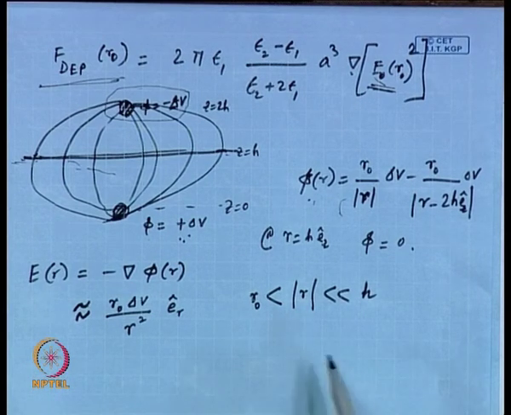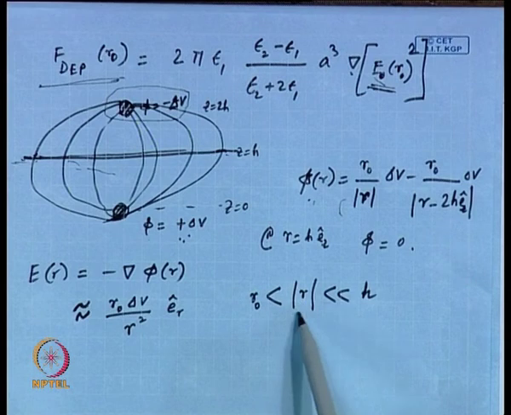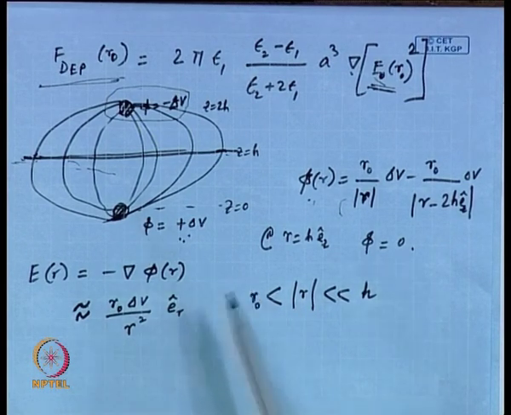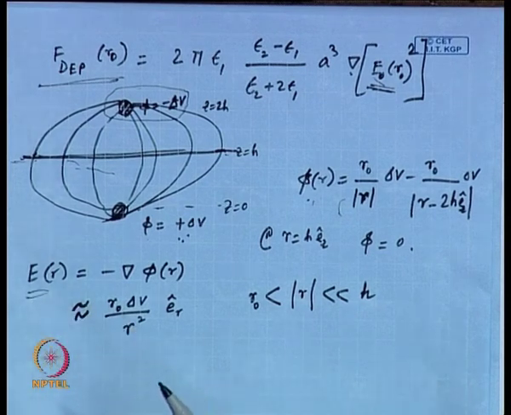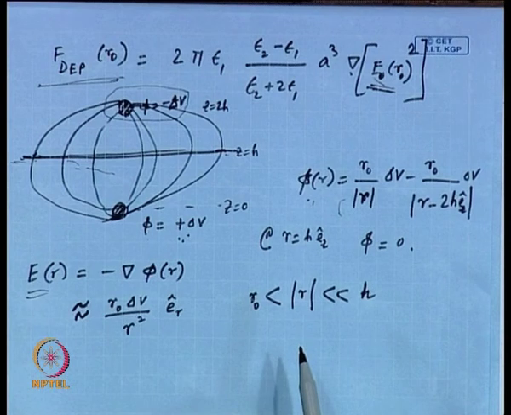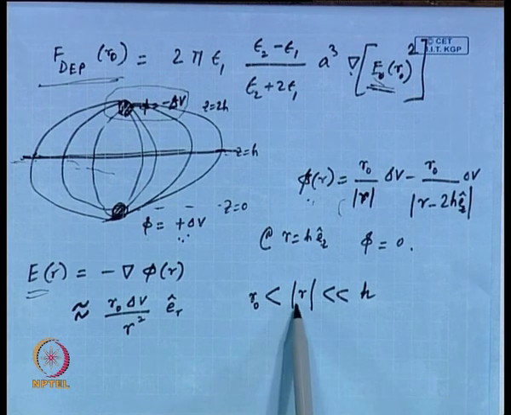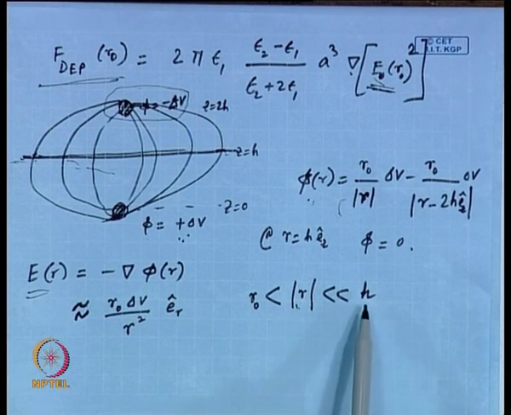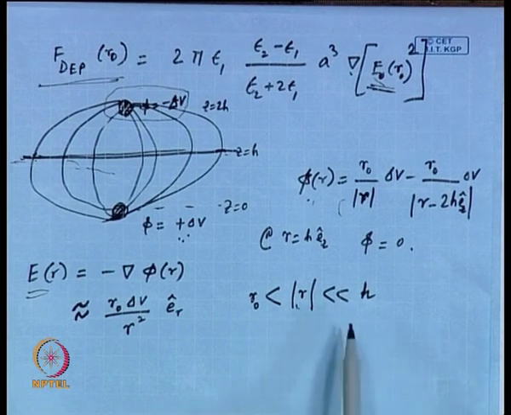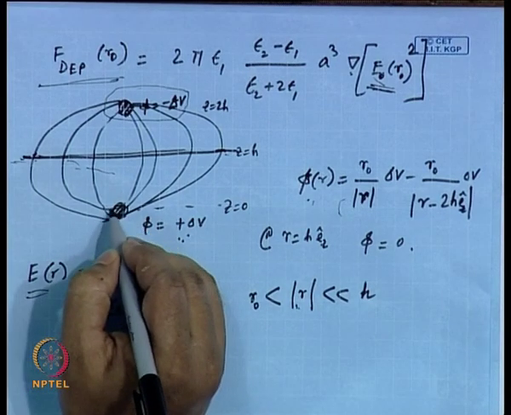Here we are saying that the location that we are interested in, r, is the position where we want to find out the F_DEP. We are saying that this position is much less than h. What does that mean? That means this is much closer to the point electrode.